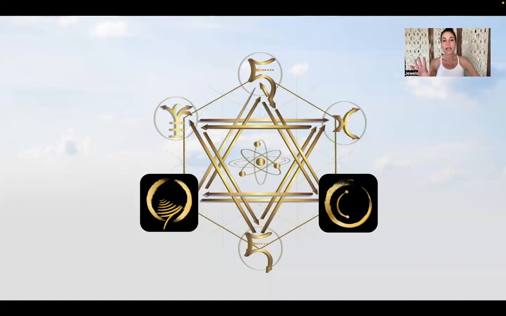So the 33 is bioquantum. It's full mastery. It's existing as the intelligence of source. So with these two cards working together, you're communicating in full mastery as the intelligence of source.